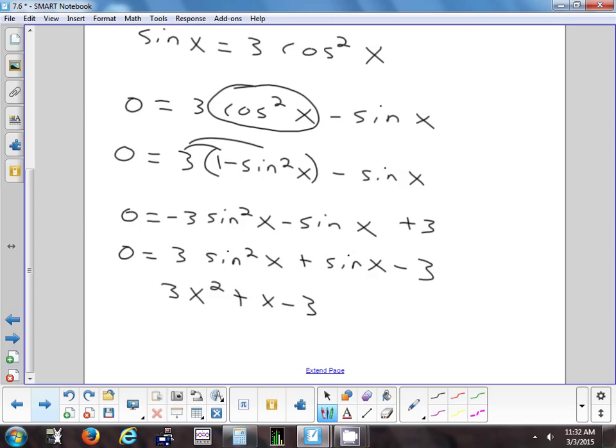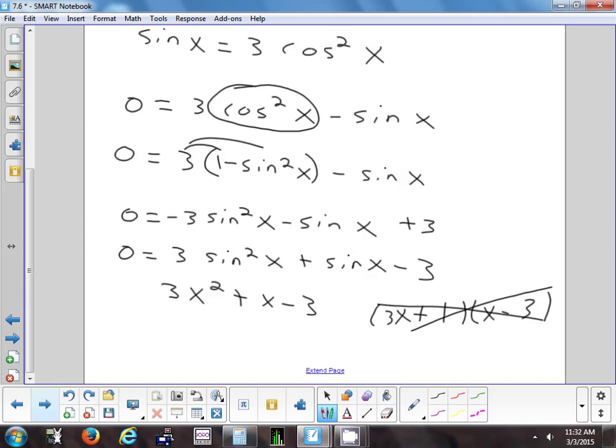Okay, I won't waste too much time with that, but you can't factor that. You can try. Like if you try 3x and x, and then your signs have to be one of each. And 2 numbers that multiply to give me 3 are 1 and 3. No matter, you could try switching the 1 and the 3, that won't work. You could try switching the signs, that won't work. You can't factor this one.